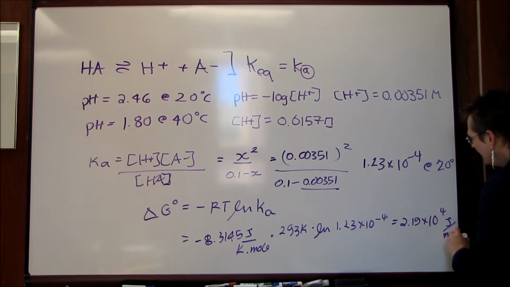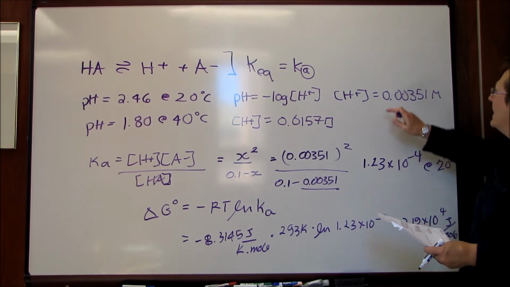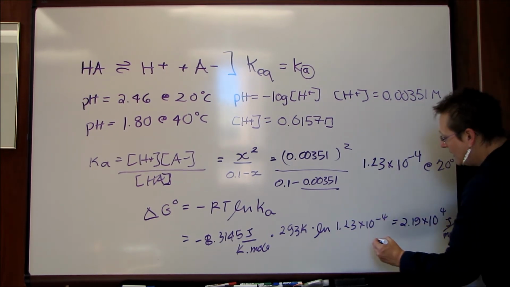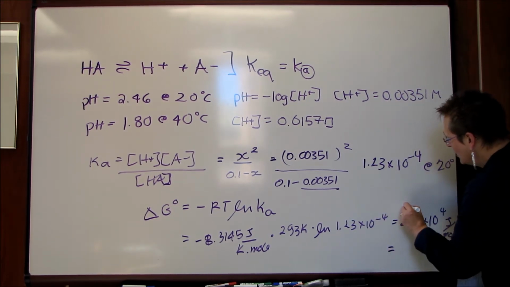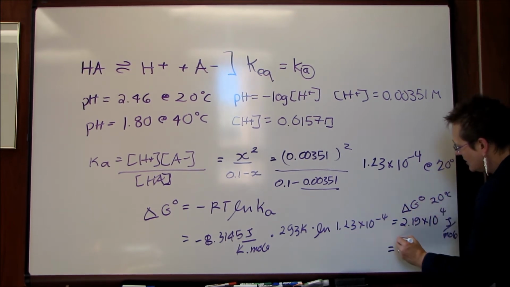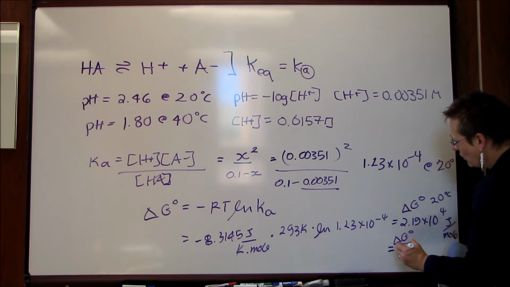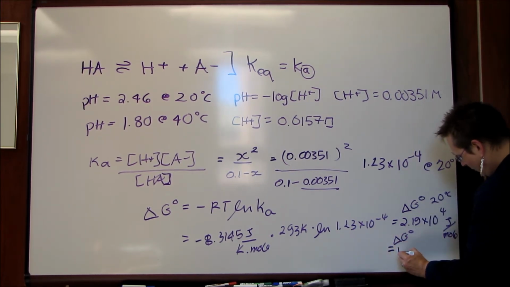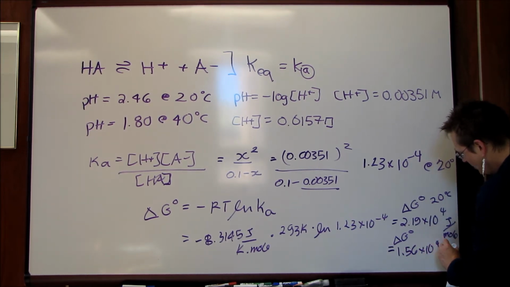I do exactly the same calculation for the other temperature, and I would get a delta G naught. So here's the delta G naught at 20 degrees, and the delta G naught at 40. I'm going to let you do the numbers yourself. I've got all the meaningful numbers here, of 1.56 times 10 to the 4 joules per mole.